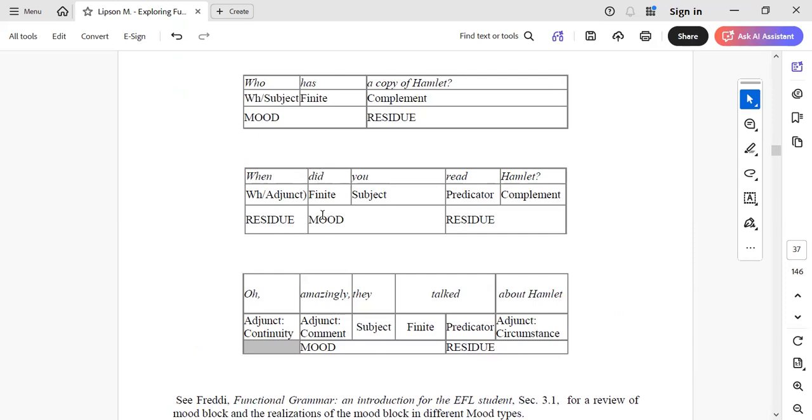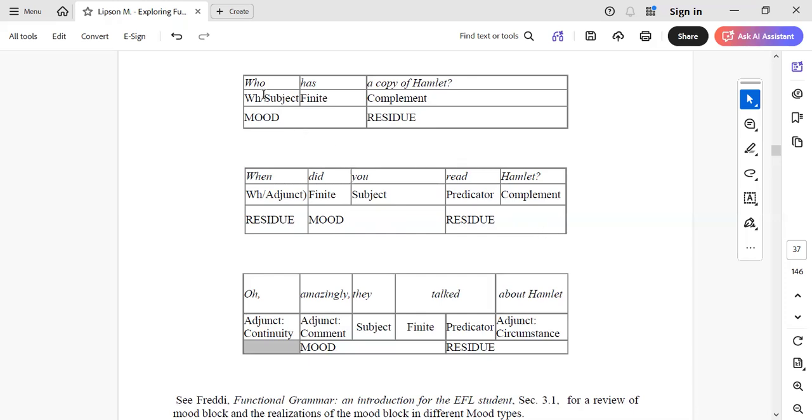So the moment the finite starts, that is the mood. That is the mood, finite and the subject. And then the rest, from predicator onwards, this whole thing is what? Residue. So we also need to learn that the finite is very much part of mood. Predicator can go into residue as well, at times.